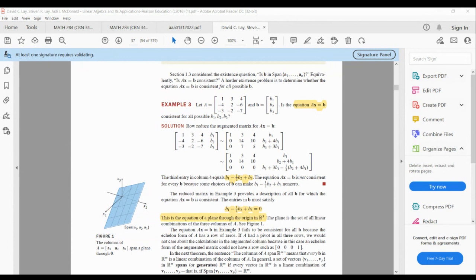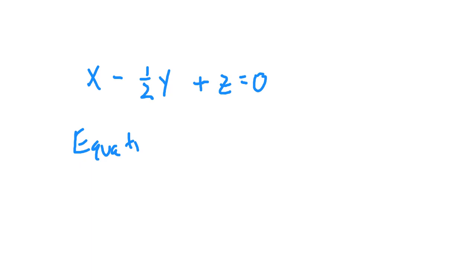Think back. If I go to the whiteboard here, remember in maybe high school or pre-calculus, if you had x minus 1/2 y plus z equals 0, you would say this is an equation of a what?